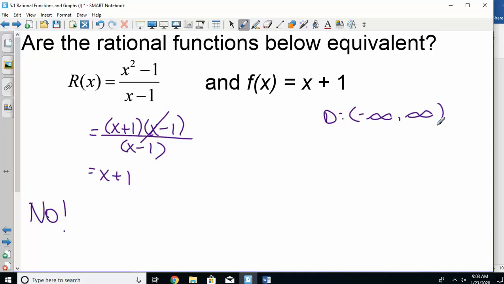Over here, if I look at the original, what's my domain? Negative infinity to 1, union 1 to infinity. When you're talking about domains, even if things cancel out, your domain is based on the original. So even though these things reduce to the same thing, they are not equivalent because they have different domains.